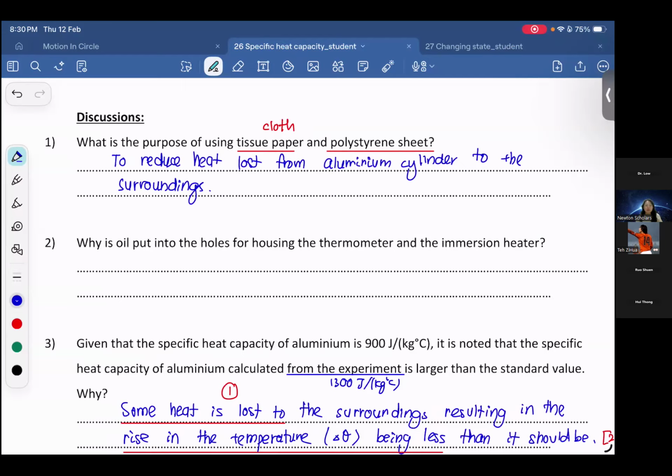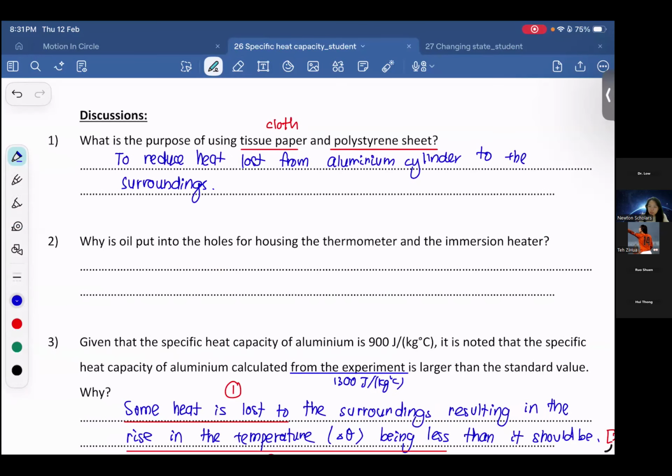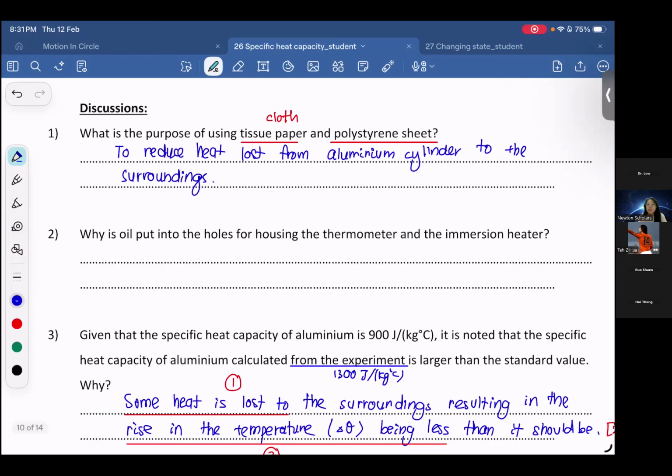Why do we need to put a few drops of oil into the hole for housing the thermometer and immersion heater? Most of the time we just put in the thermometer, it depends on the instruction. As I told you just now, it is to have a better conduction.